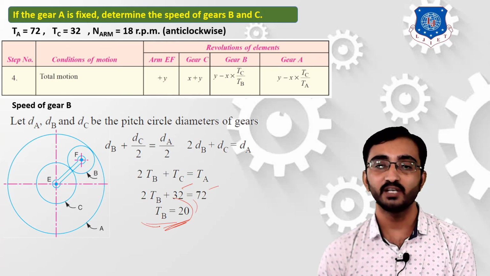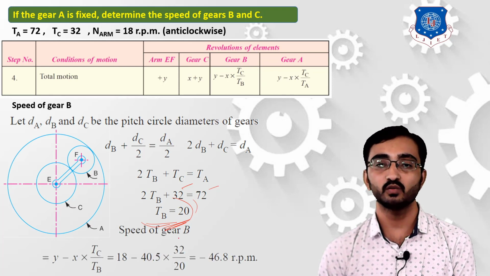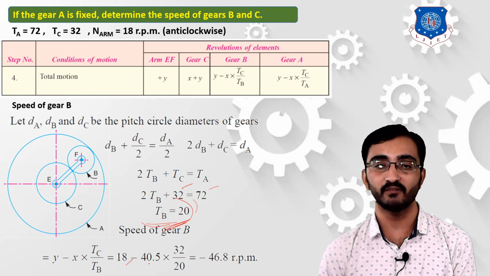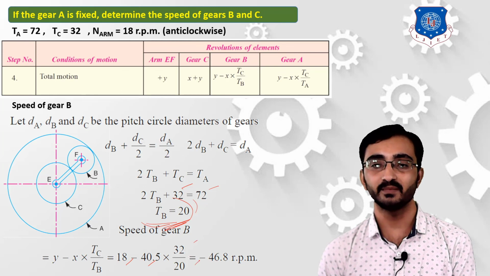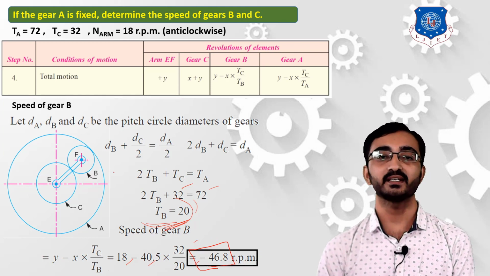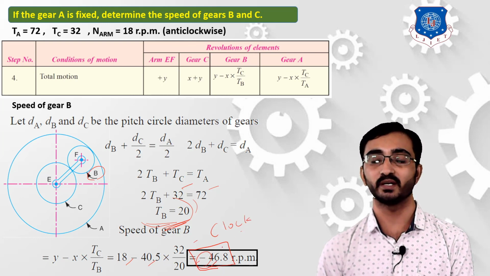Now we have the value of teeth of gear B, so we can calculate the speed of gear B. So speed of gear B is equal to y minus x TC by TB, and we have the values of y and x, so we can put the values of y, x, TC and TB, and that will give us minus 46.8 RPM. This data is reflecting that your gear B is rotating in clockwise direction because it contains a minus sign over here.